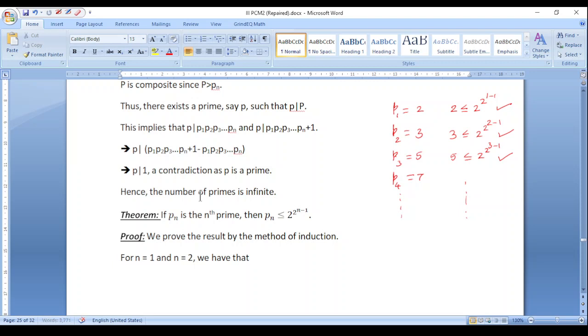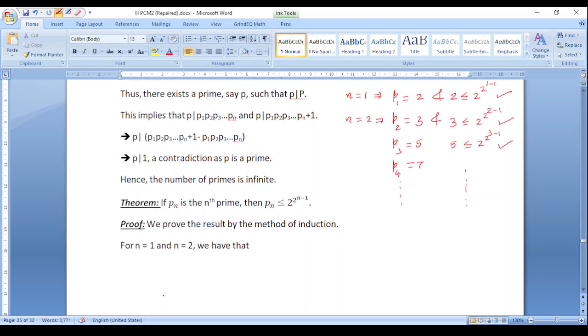As I showed here, if we take n equals 1, I get P1 equals 2, and that is obviously less than or equal to 2 to the power 1 minus 1. And if I take n equals 2, P2 equals 3, and 3 is less than or equal to 2 to the power 2 minus 1.